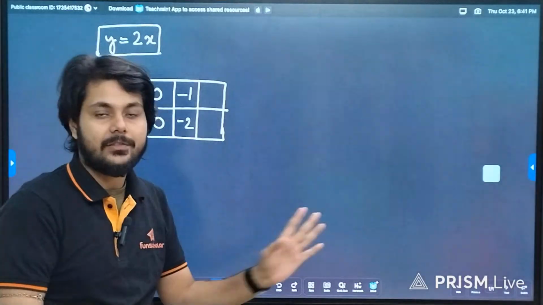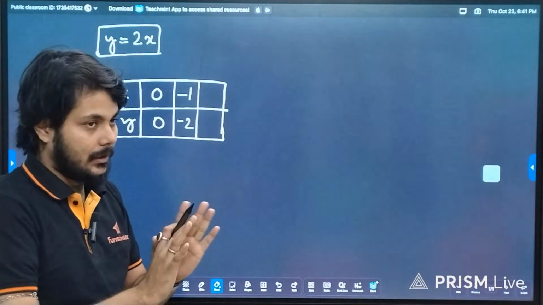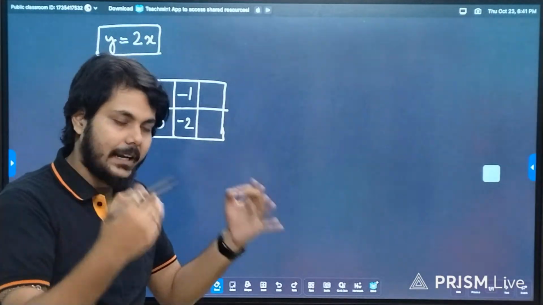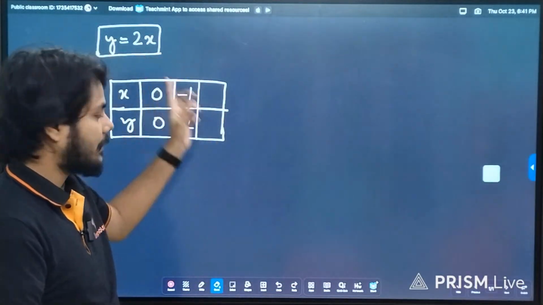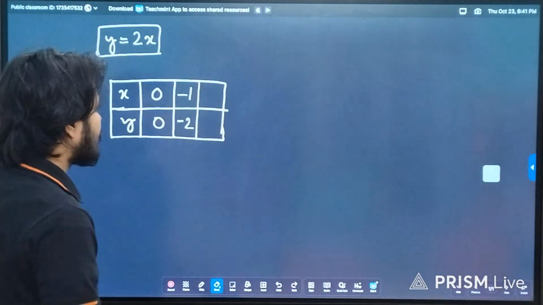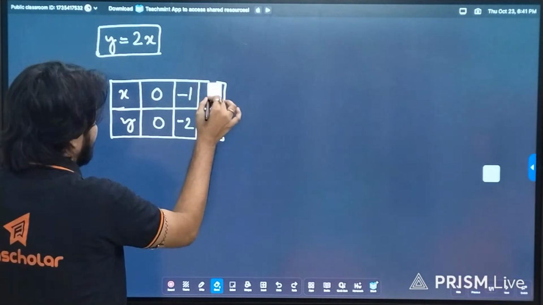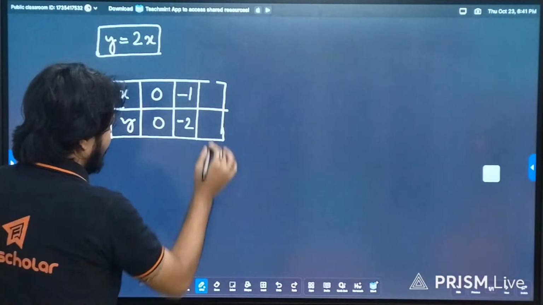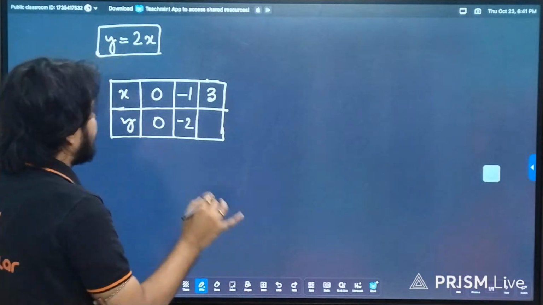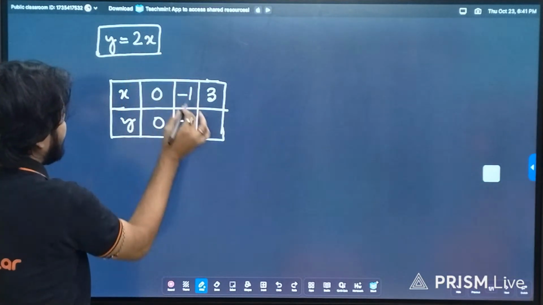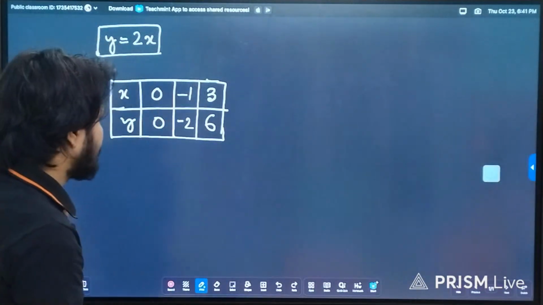There is no hard and fast rule that you need to take x as 0 first, then minus 1. Don't worry about that. You can take any value in case of x or in case of y. Now suppose I am taking x as 3. Then what will be the value of y? 2 into 3, that will be 6. Understood? Very good.